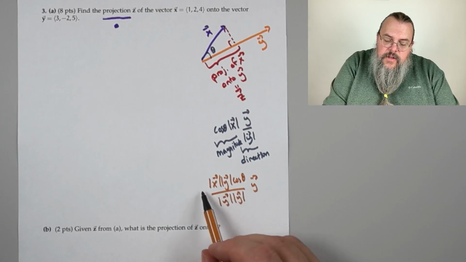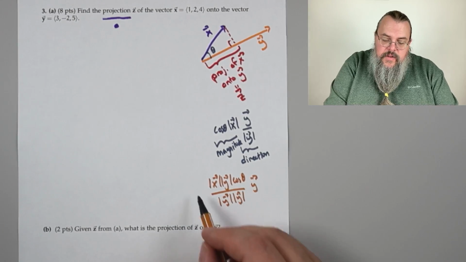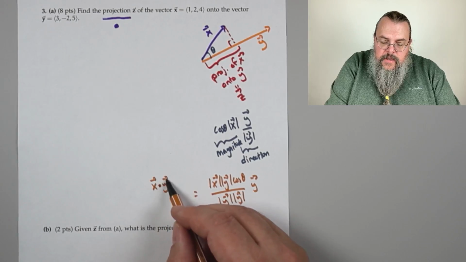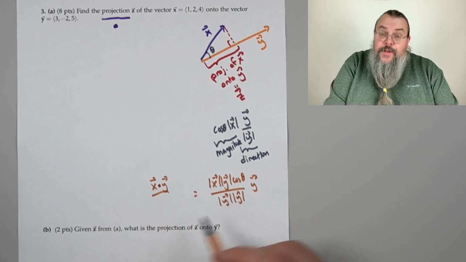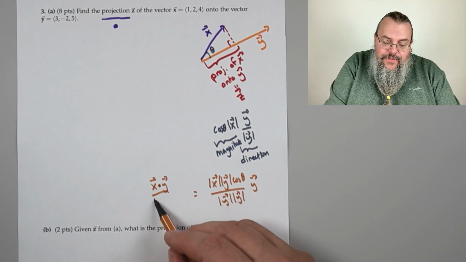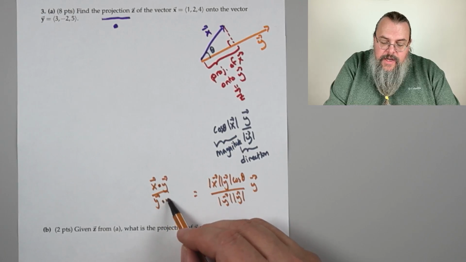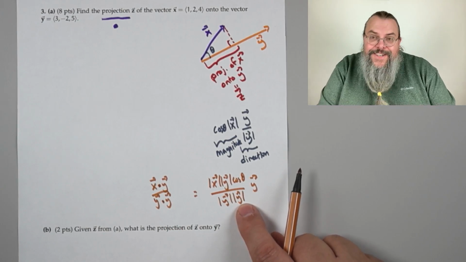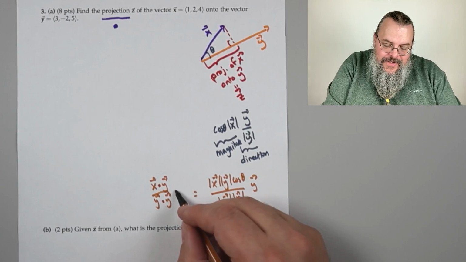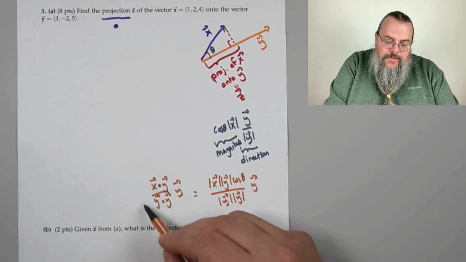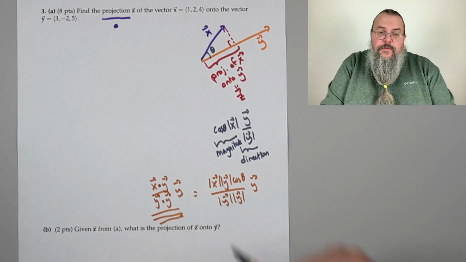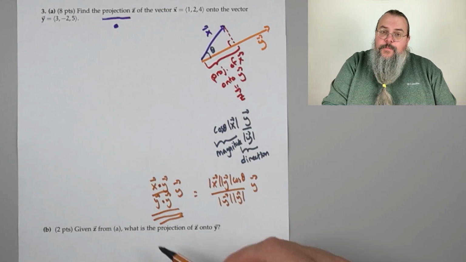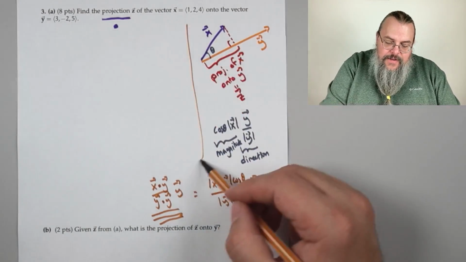And now the upstairs becomes a dot product, so it's x dot y. And the downstairs, it turns out, is also a dot product. It's y dot y, because secretly there's a cosine of 0, which is 1. So this is the formula. If you remember this formula, this problem is easy. And if you don't, you just saw how to rederive it.